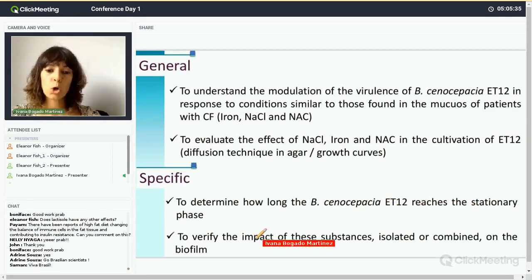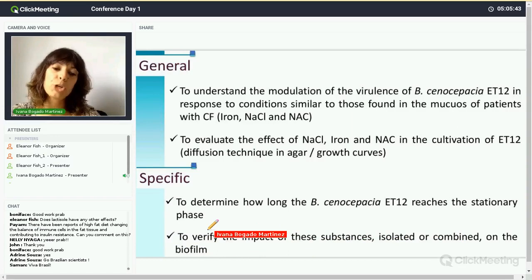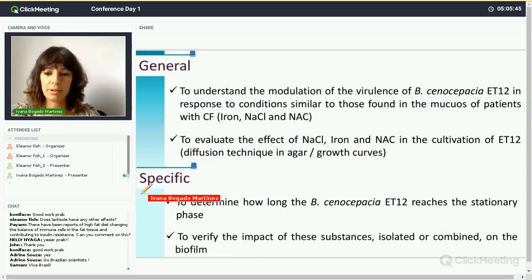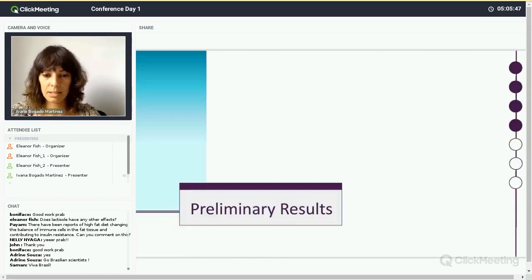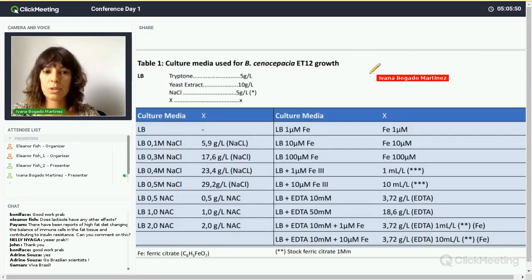And also, we want to verify the impact of this substance on the biofilm, which we are using as a thermometer of virulence at this first moment. So I'm going to show you only preliminary results we have obtained.